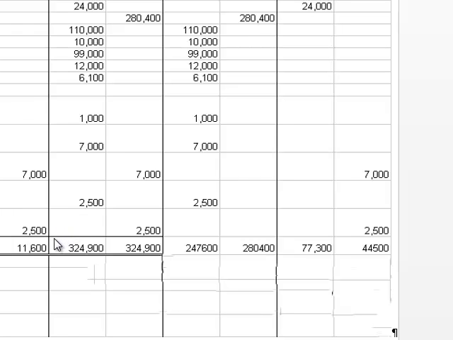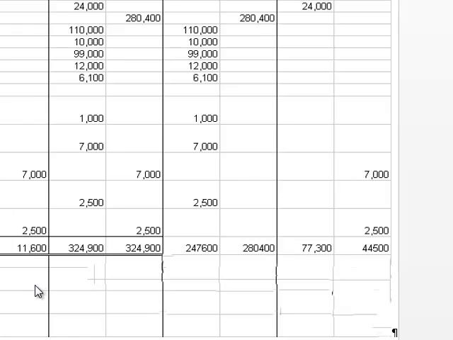Withdrawals is considered a temporary or nominal account. All of our revenues are nominal or temporary, as well as our expenses. So when we go through the closing process, we're going to close out all revenues, all expenses, and all withdrawal accounts.